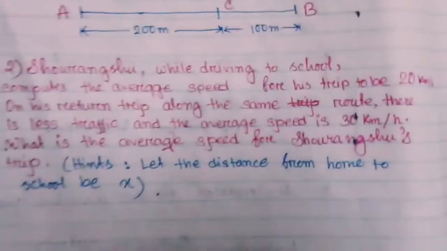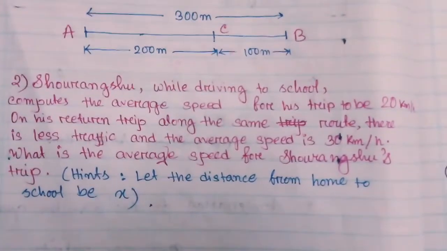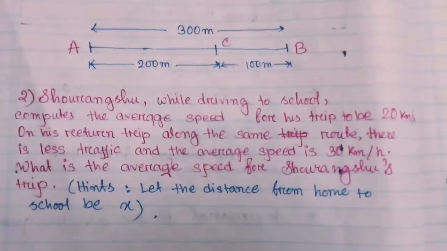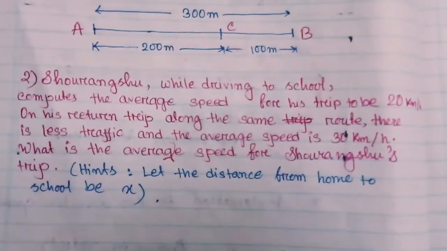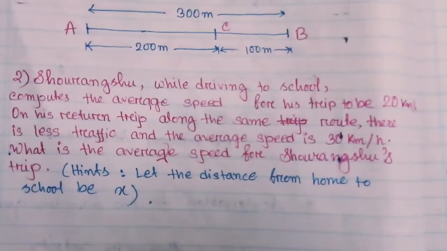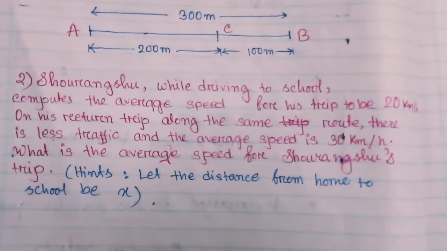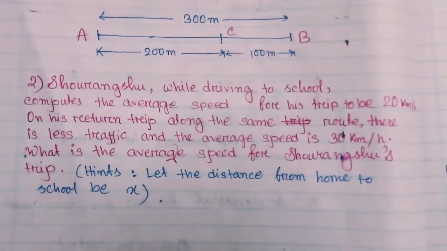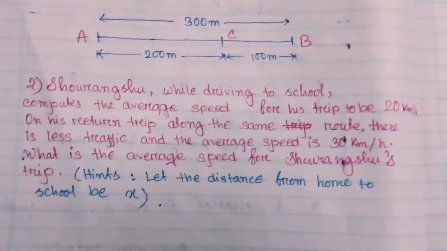Now the next one: Shourangshu, while driving to school, computes the average speed for his trip to be 20 km per hour. On his return trip along the same route, there is less traffic, and the average speed is 30 km per hour.